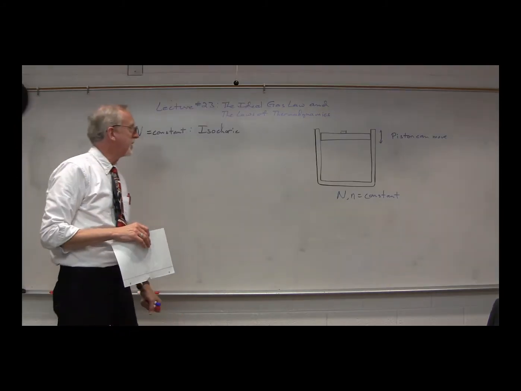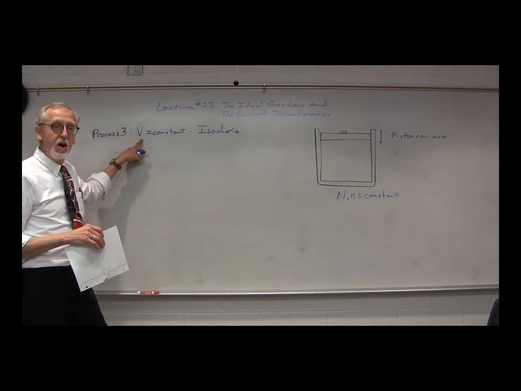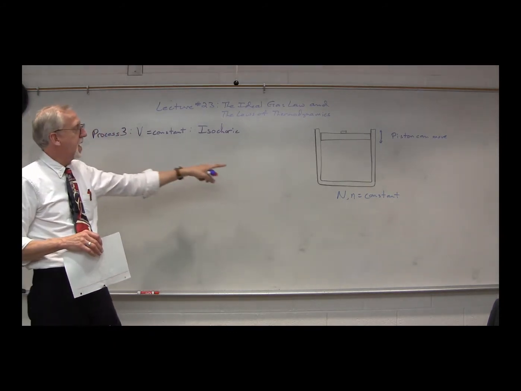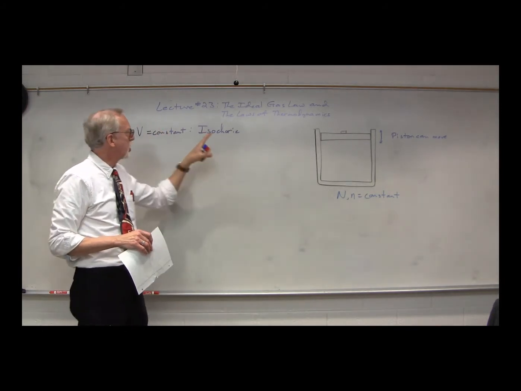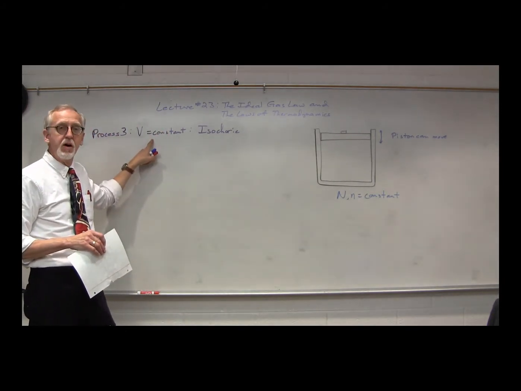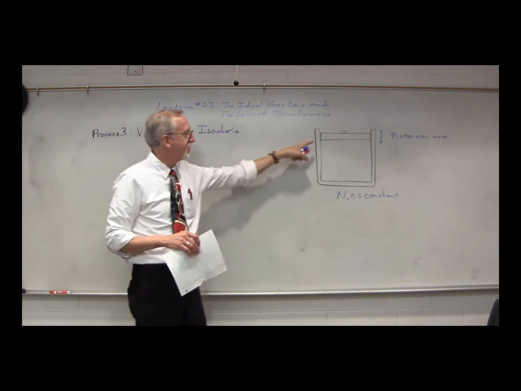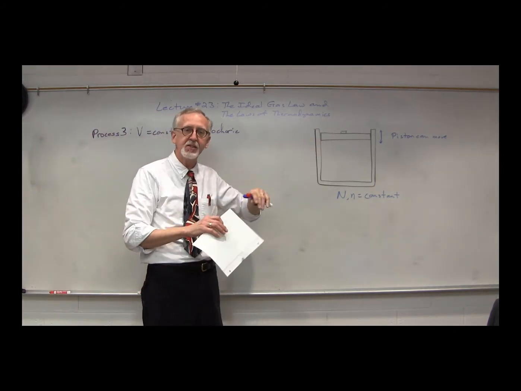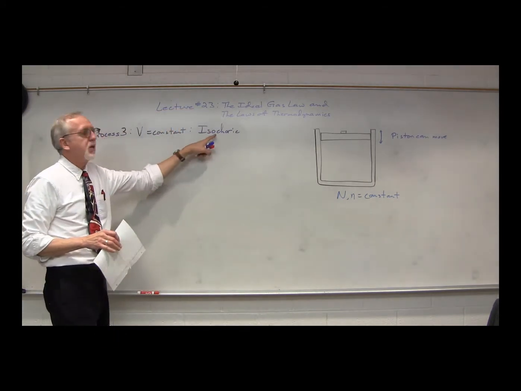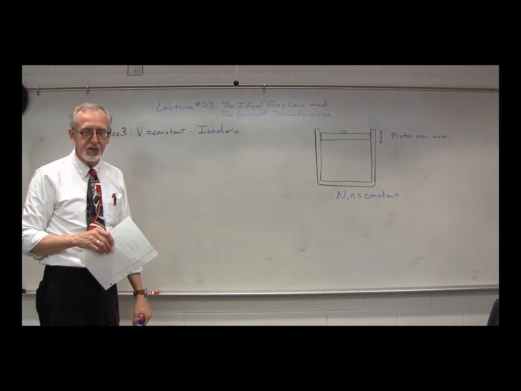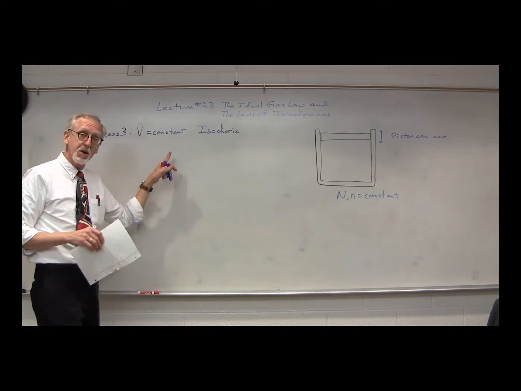Our third process holds the volume constant. So again, keeping the number of particles, number of moles constant, we're now also going to assume that the volume is held constant. So imagine that we clamp this piston in place so the volume cannot change. This is what we call an isochoric process. Now, I'm not going to work this out.